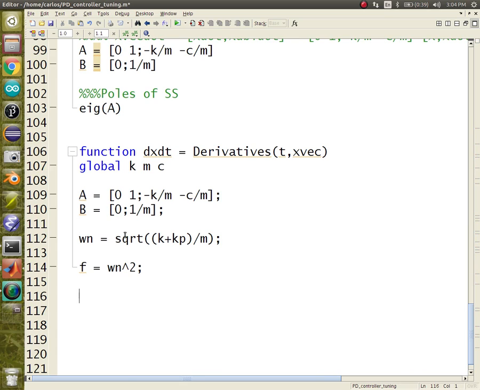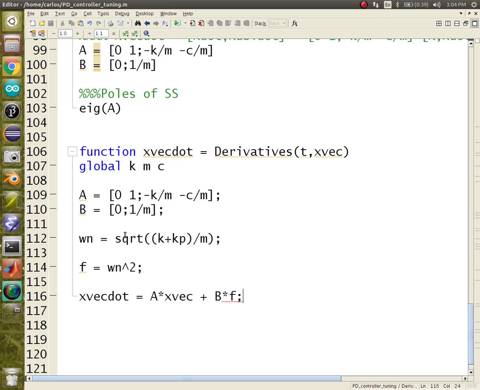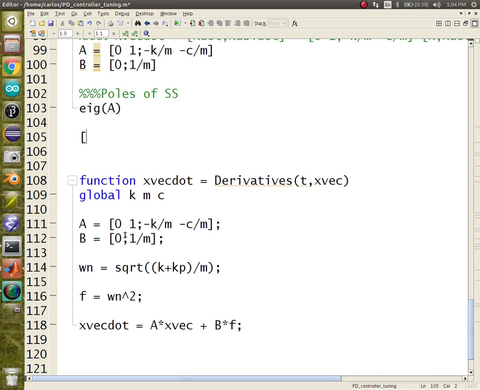And then dx dt, and here let me just make this the same, that way it's not ridiculous. X vec dot. So I'm going to say x vec dot is A times x vec plus B times f, just like that.